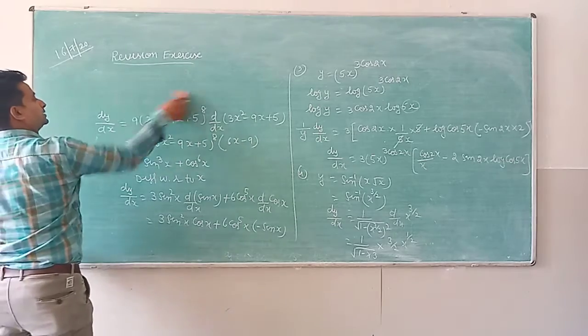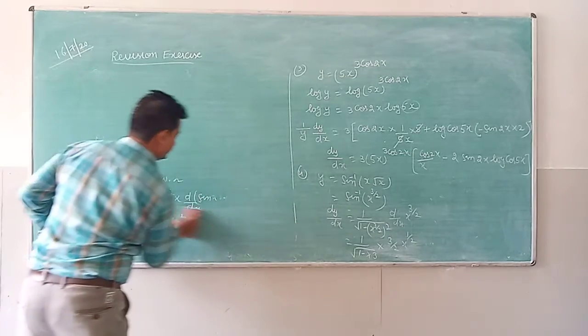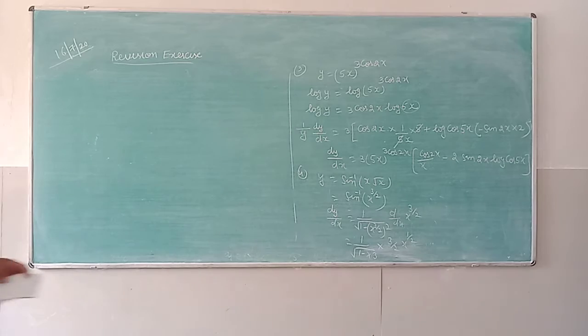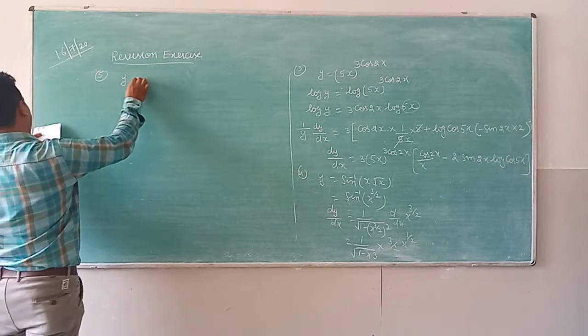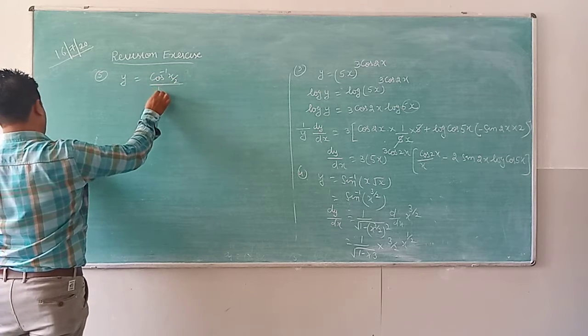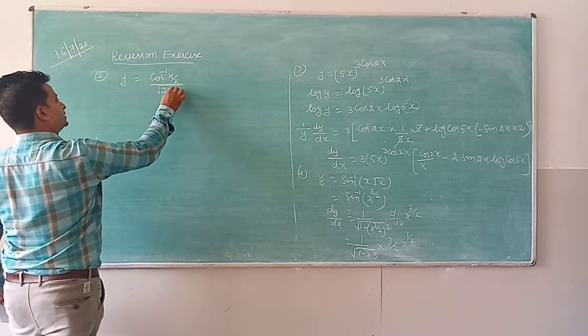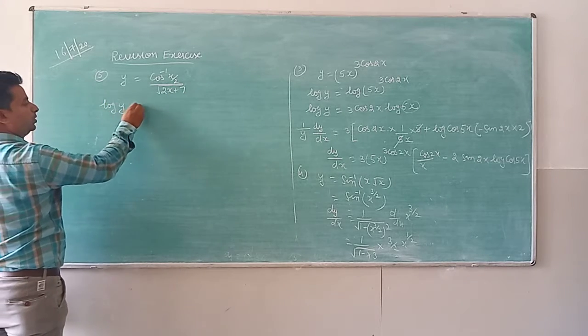Here we use the power rule. This is the derivative of this question. In the next question, question number 5, the statement is y is equal to cos inverse of x/2 divided by the square root of 2x + 7. Here we take log first.